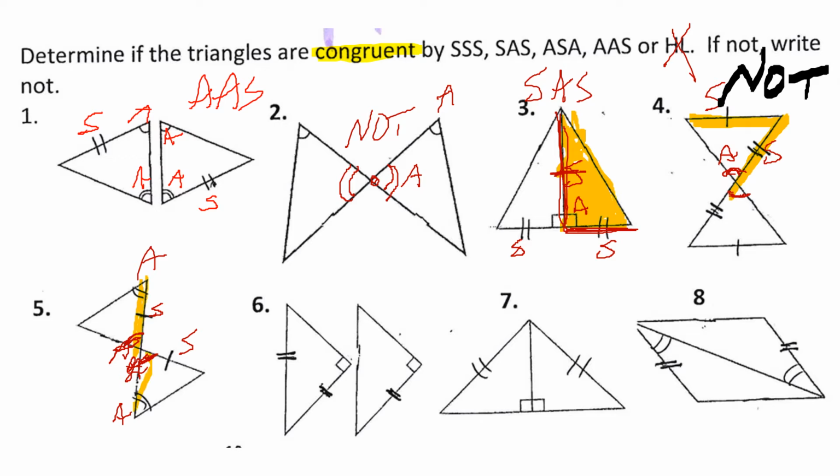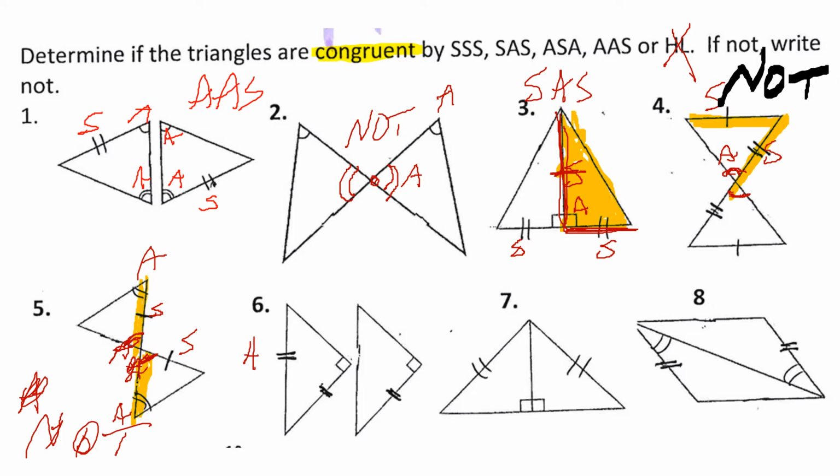When I look at the two angles, that is the side in between. But when I look at these two angles, is that the side in between? See, that one's different. So you've got to really be watching these. It looks like it might be angle, side, angle. This one could be angle, angle, side, so they don't match. So that's not working there, not congruent.